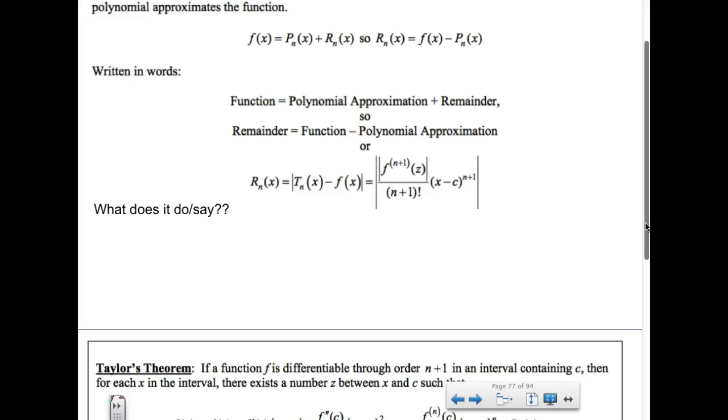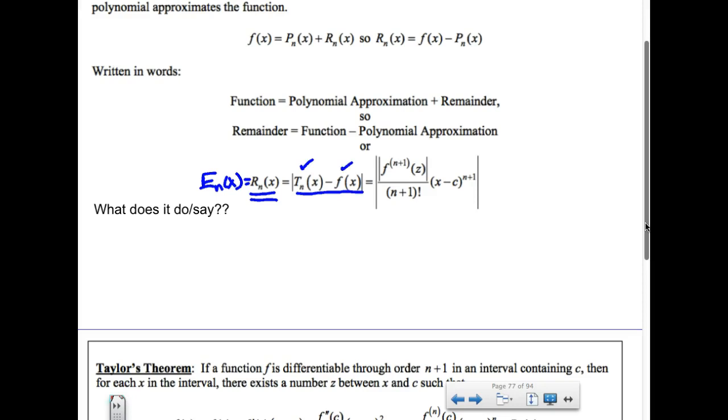So Lagrange came up with what's called the Lagrange error, sometimes called the Taylor error. And what he said is this error, which sometimes you can even call E sub n of x, is equal to the absolute value of the distance between my approximation using a Taylor polynomial of nth degree and the actual function itself.